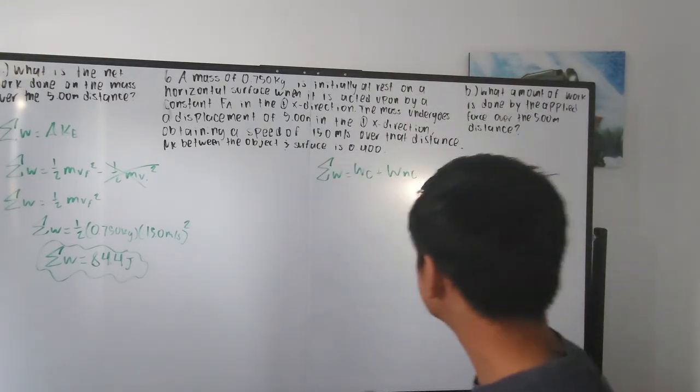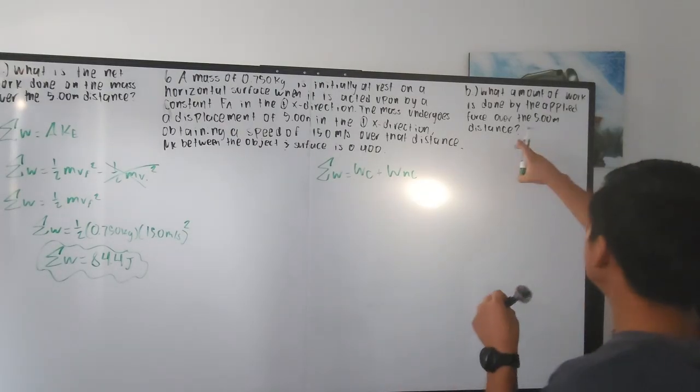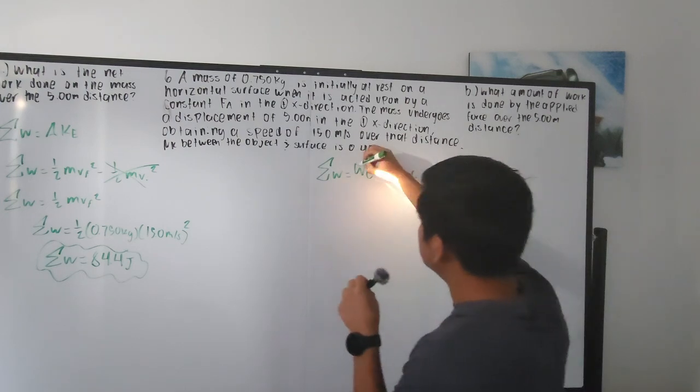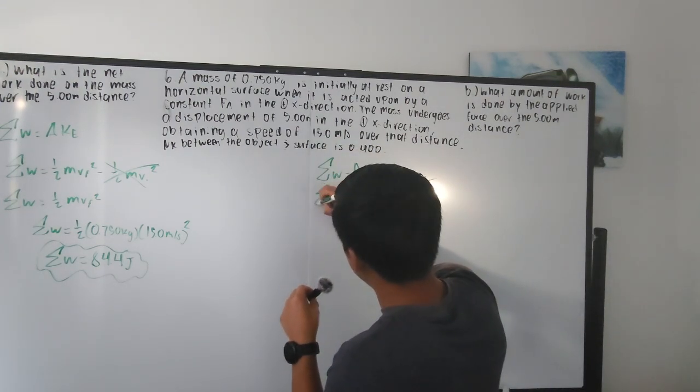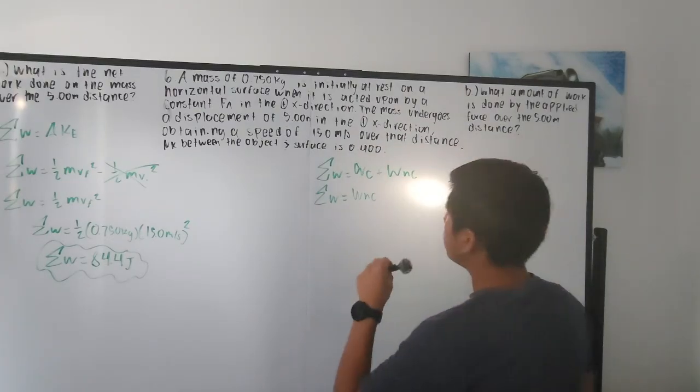Okay, so now, since we don't have any conservative forces, in this case we have the applied force and we have the force of friction, we can just cross that out. So then the sum of all the work is just going to be equal to the work done by the non-conservative forces.